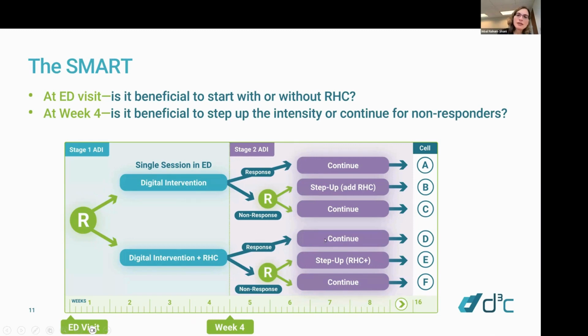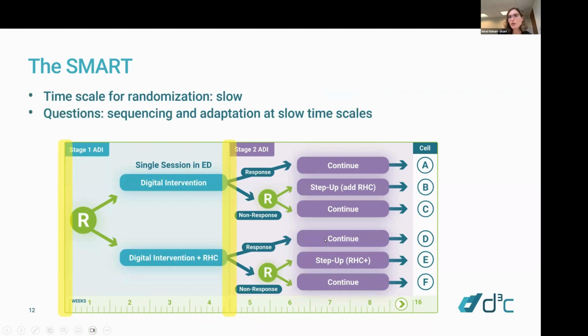And responders continue with the initial intervention. You see, I'm randomizing twice. I'm randomizing initially and at week 4. Why? Because I have scientific questions about how to initiate this intervention and how to address the needs of non-responders at week 4.